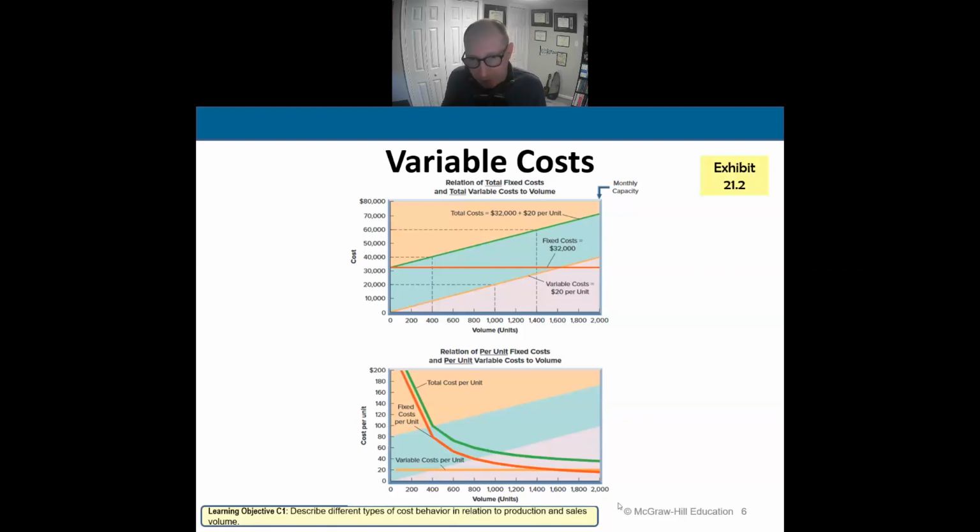The fixed cost per unit is what's coming down, and the total cost. That's the relationship of fixed and variable cost with respect to changes in the level of output, which is the number of units I'm producing. So just remember, the one on the top shows us the total cost. The one on the bottom shows us the per unit cost.